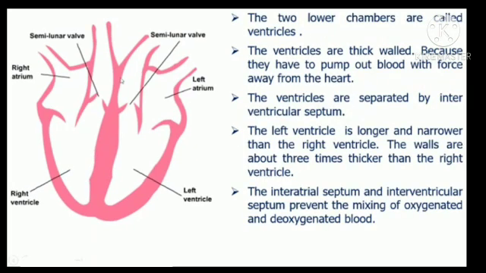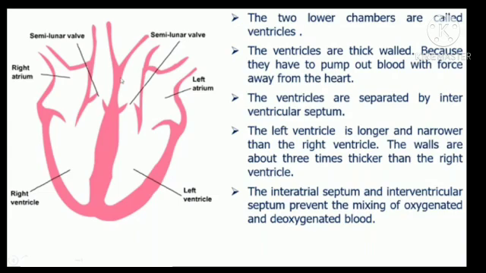The lower chambers are called ventricles. Ventricles are always thick walled because they have to pump out blood to all parts of the body from the heart. The ventricles are separated by an interventricular septum. It is thick. The left ventricle is longer and narrower than the right ventricle.